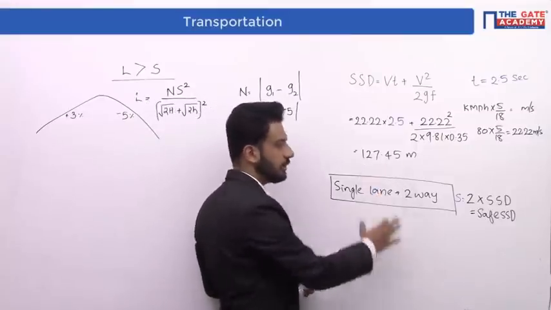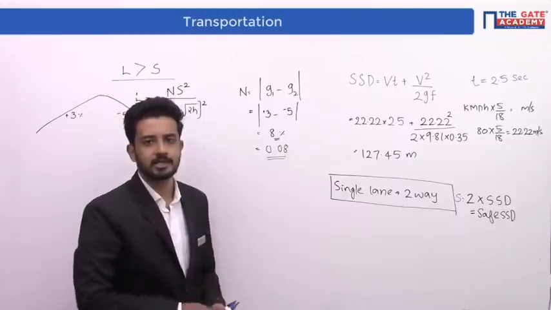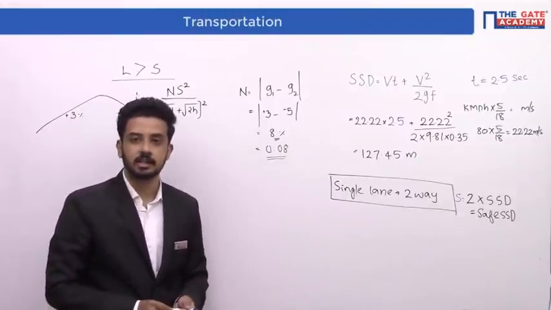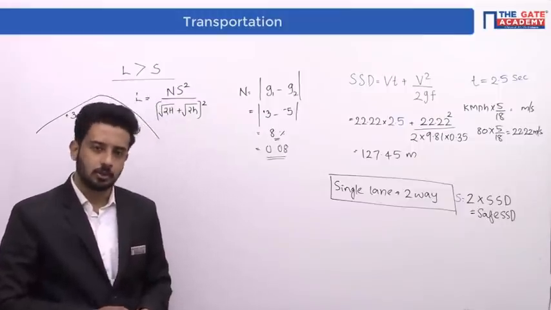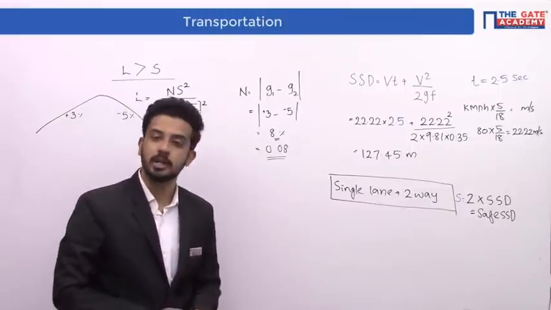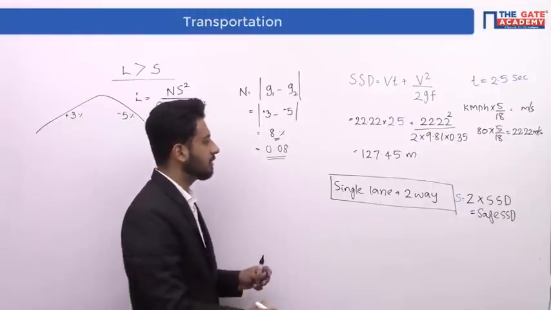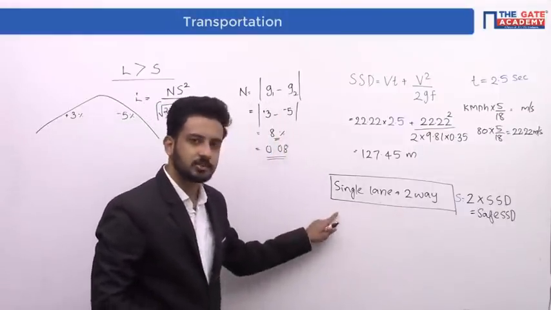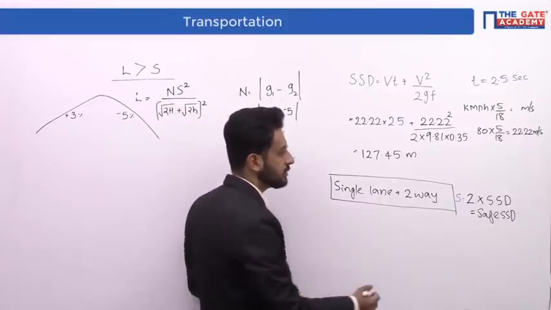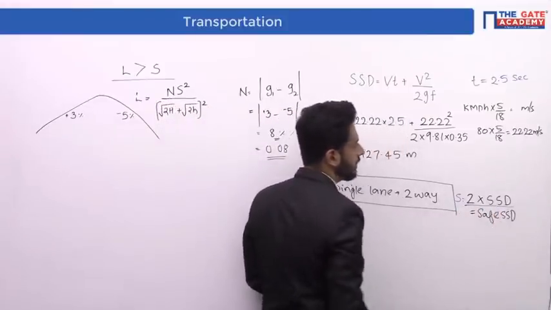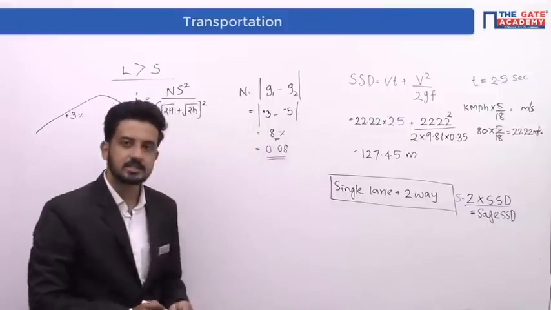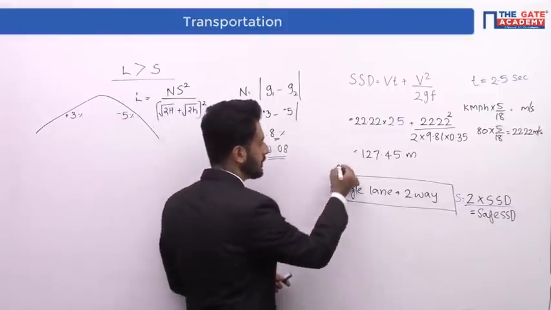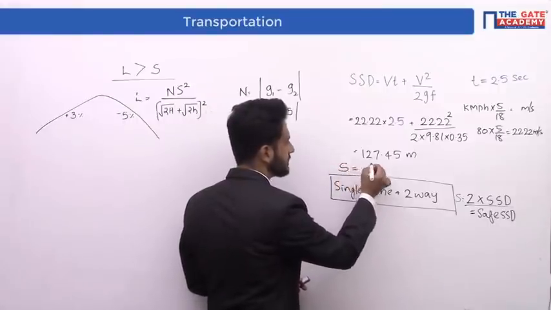Whatever value we have got, we can substitute for S. So check the question. They have given that it is a single lane 2 way road. So always read the question very carefully and check whether the condition is this one or not. In this question, this is the condition. So we have to multiply the obtained value with 2 to obtain the safe sight distance.